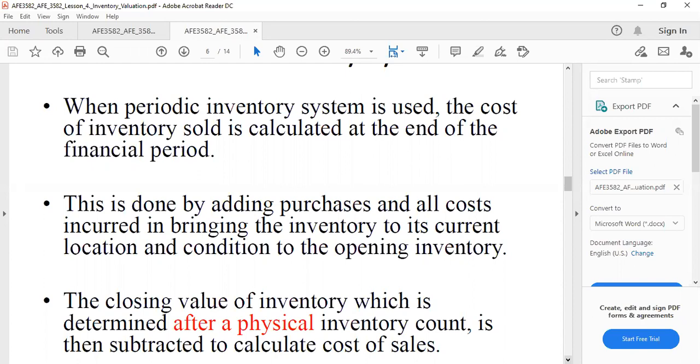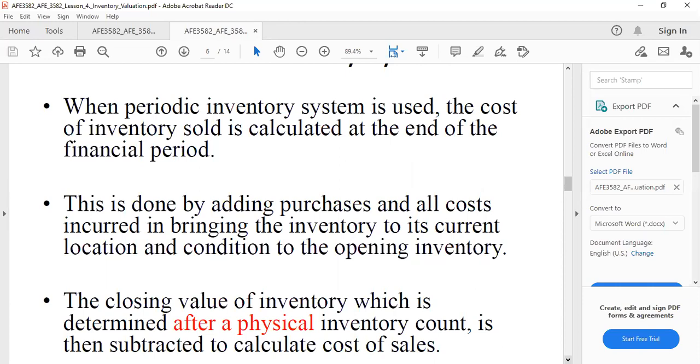Now, finding your closing inventory: because you do not keep records, you do not know the value of your closing stock. What you need to do is go to your market and do stock taking and calculate the number of shoes that you have. You see the difference between periodic and perpetual? If you are using perpetual, because you keep records, at the end of the year you won't have to physically count your items, because you already have all the records.